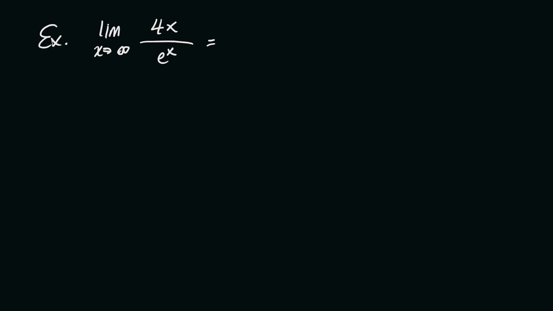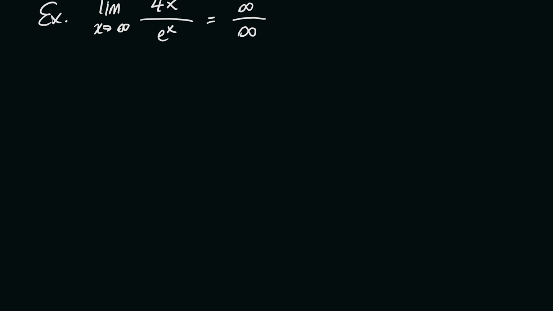In this case, we have a new indeterminate form, infinity over infinity. How do we actually find this limit? Something that we use is called L'Hopital's rule. We're going to come back to this example later on, but now we're going to go here.